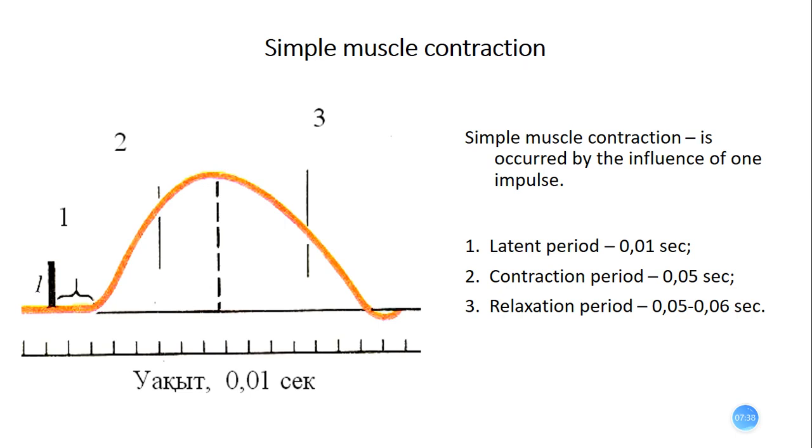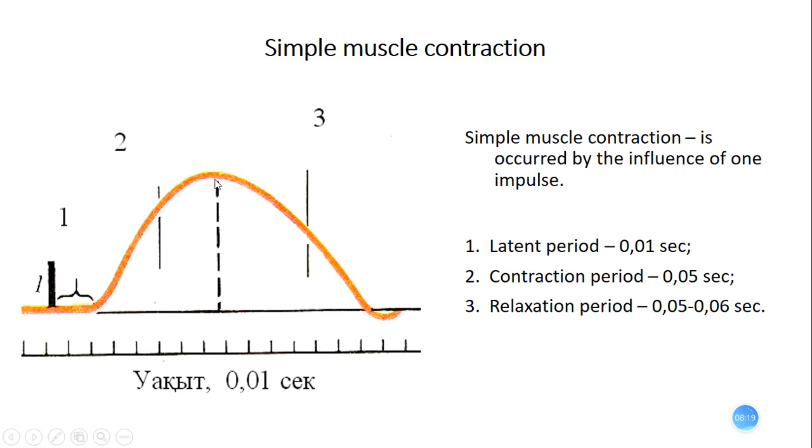Latent period is the time interval between the point of stimulus given and the point of contraction started. During this period, the muscle does not show any mechanical activity, and then the contraction period starts. The contraction period is the interval between the point of contraction and the point of maximum contraction.